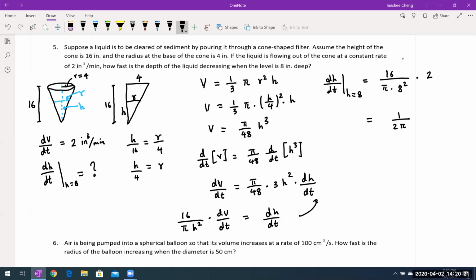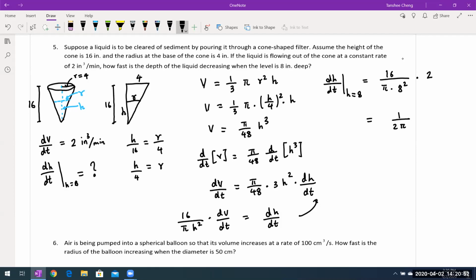If you are not paying attention to this, you might think this is an increase in the depth of the liquid level. So you really have to be careful on that part. If you don't put proper signs in the given information, then you really need to know how to interpret it correctly and explain it back to whoever is looking at your work. So that's why you have to be careful with this.